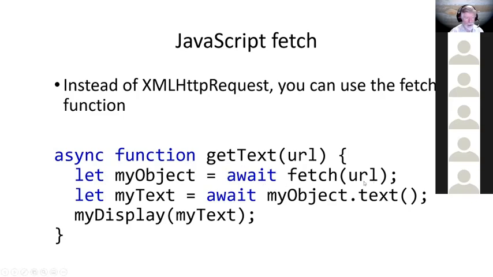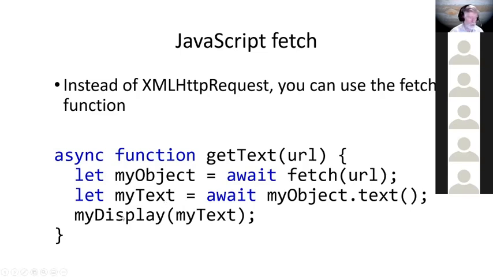We're going to do a fetch, and then we're going to wait for that fetch to happen, and it's going to return a promise. And we wait for that promise to be fulfilled, and then once that promise is fulfilled, we will get the text from that object.